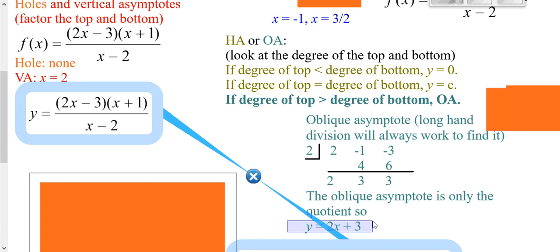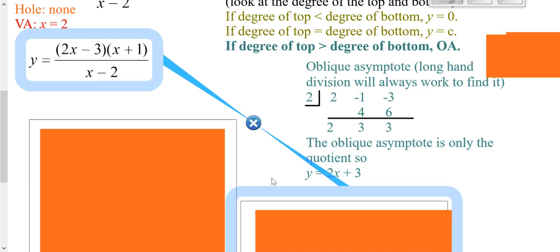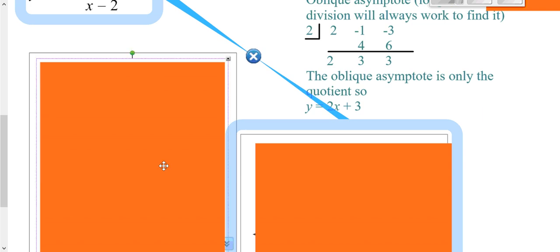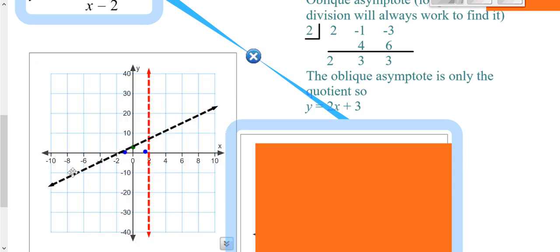So plot at 3, then do your slope up 2 over 1, up 2 over 1. Draw in your oblique asymptote as a dotted line. If you do all that, you should get this. Your oblique asymptote, your vertical asymptote, your zeros, and your y-intercept. Notice my scale is probably different than yours, and that's okay.